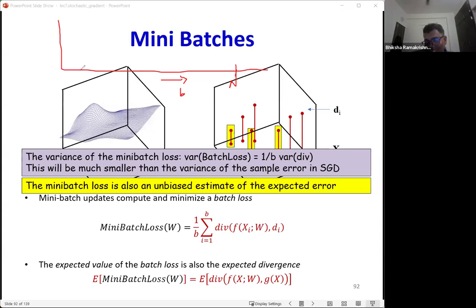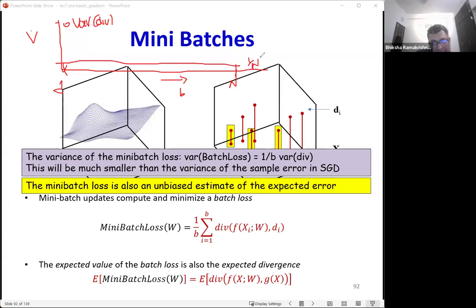Okay, so here's where we have your variance. For B equals 1, the variance of your loss function is the variance of the divergence itself. And as you keep increasing the batch size, it is 1 over B times this variance of the divergence.